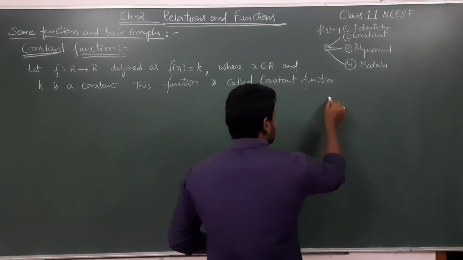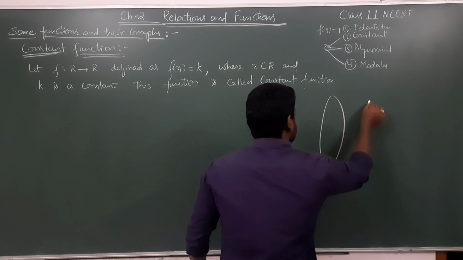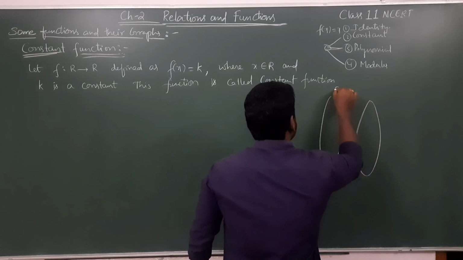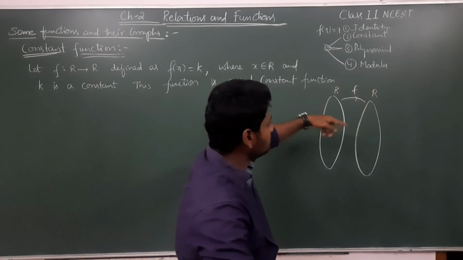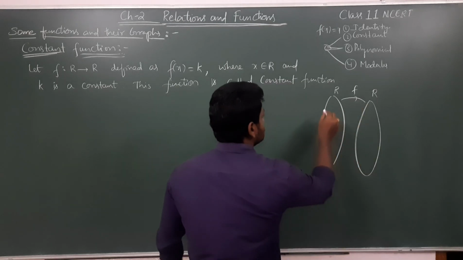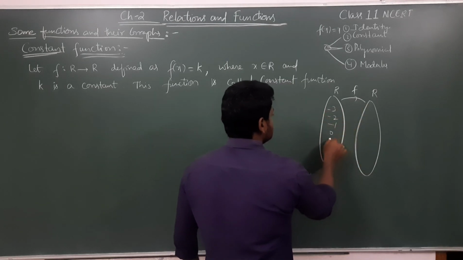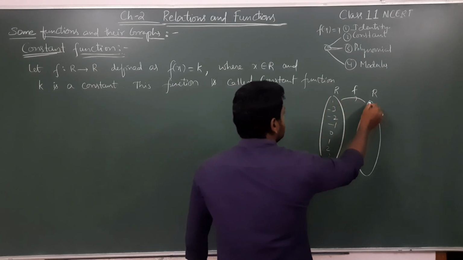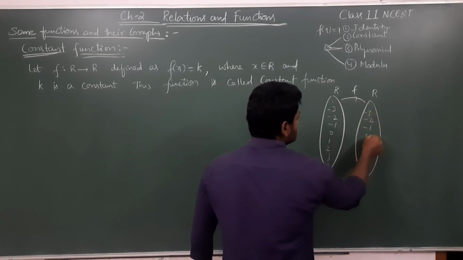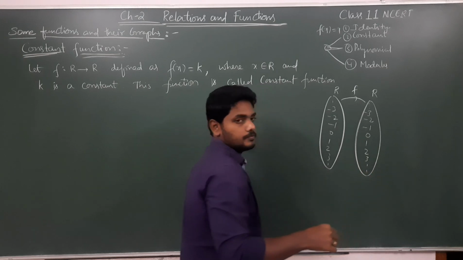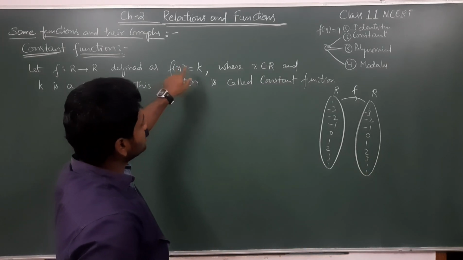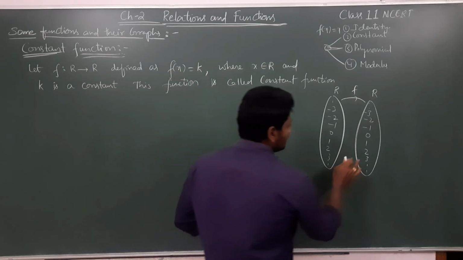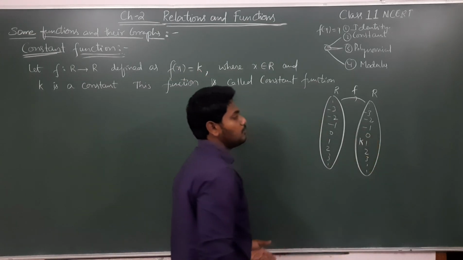If you consider an arrow diagram from R to R, the real numbers are the domain values and the codomain is also the real numbers: -3, -2, -1, 0, 1, 2, 3, and so on. Now, what does f of x equal to k say? Take some constant k, positive or negative.